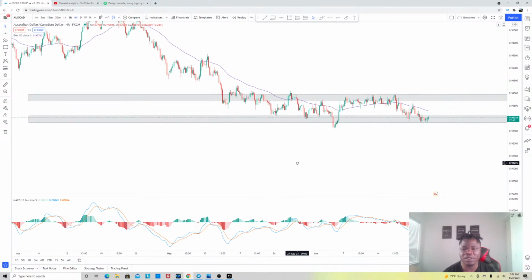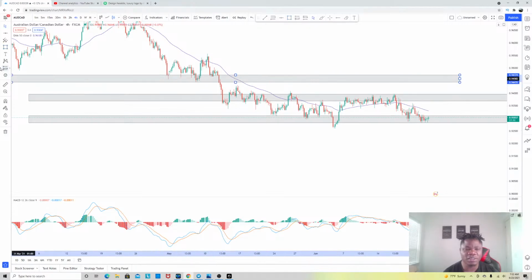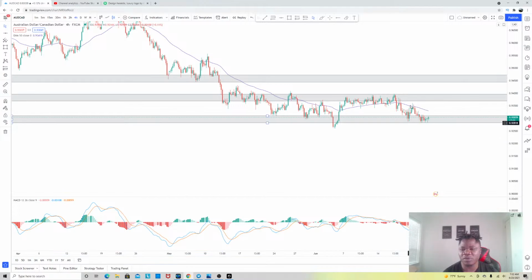So Kieran, AUD CAD is actually looking like a down trade, looking like a sell. But before I get in, even if you're going to scalp this, I'll wait for price to break below 0.92826, and then you can get in for a sell.